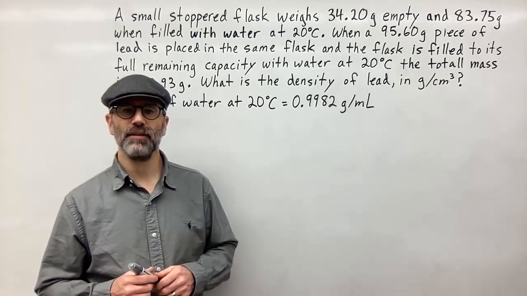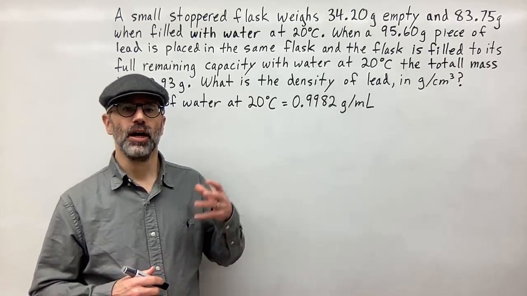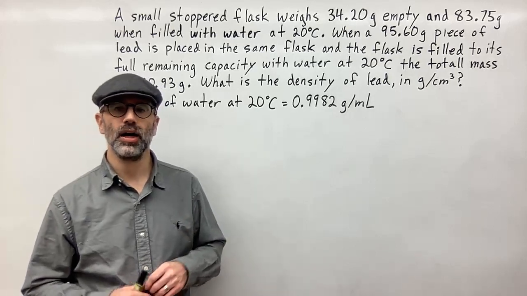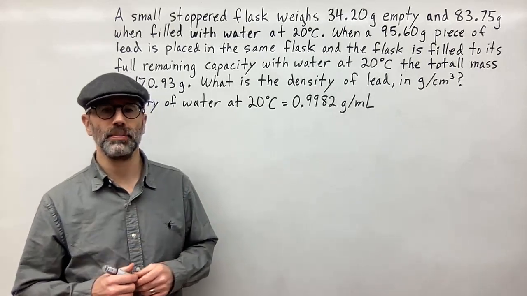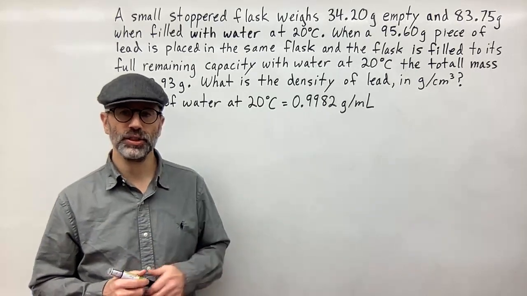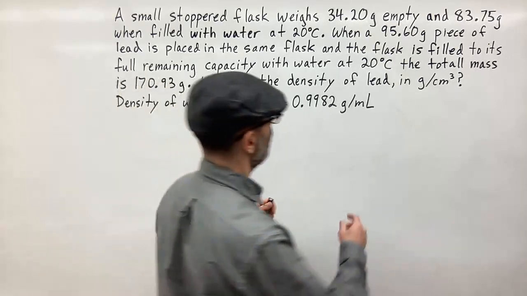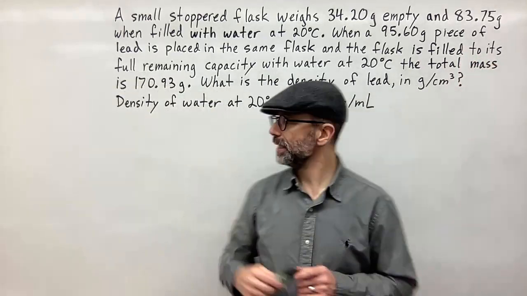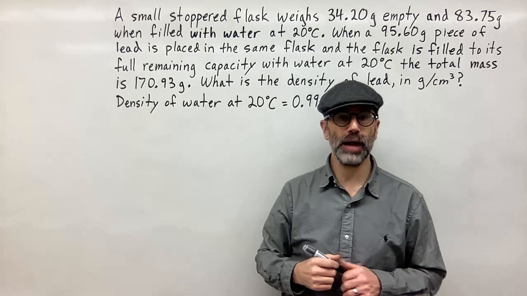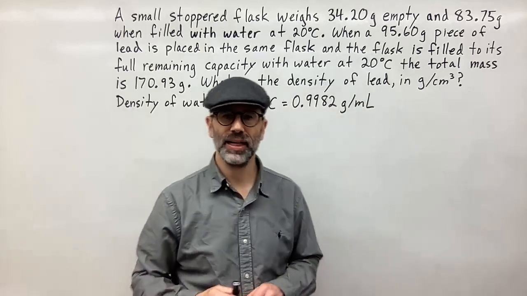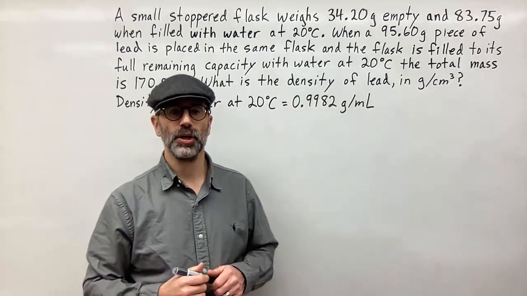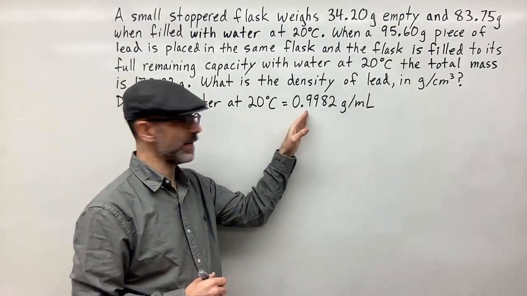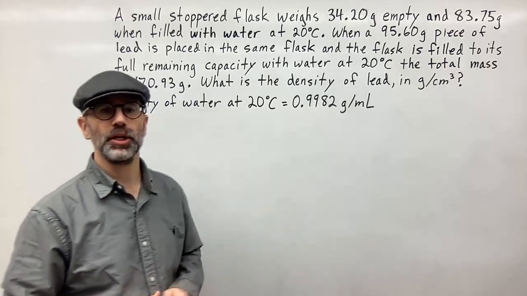When a 95.60 gram piece of lead is placed into the same flask, the flask is filled to its full remaining capacity with water at 20 degrees Celsius, and the total mass is 170.93 grams. What is the density of the lead in grams per centimeter cubed? And they were given the density of water at 20 degrees is 0.9982 grams per milliliter.